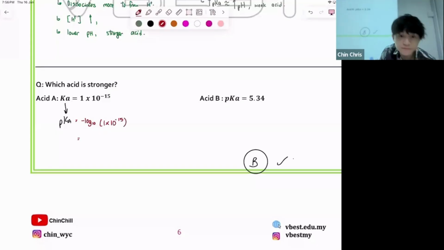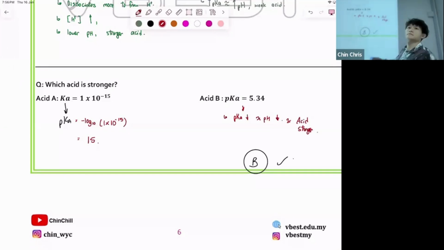How much is it? 15. Do you see that acid A's pKa is very high? Acid B, do you see that your pKa is lower? Correct. Remember, read pKa as a pH, which means this is a lower pH, which means the acid is stronger. Done.